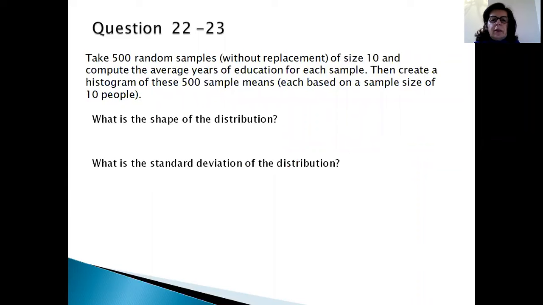Take 500 random samples of size 10 and create a histogram of these 500 sample means. What is the shape of the distribution? What is the standard deviation of the distribution?